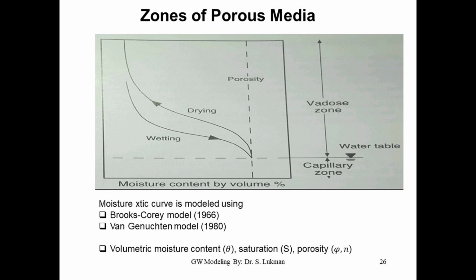So you are saying it is volume of water over total volume, including the soil matrix and the void spaces, isn't it? Because that is the total volume, right?